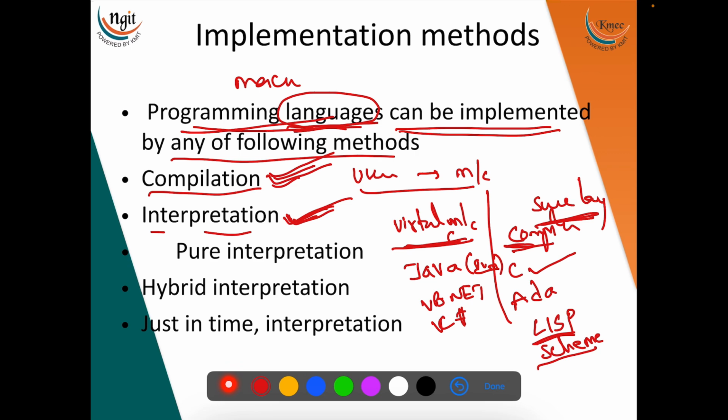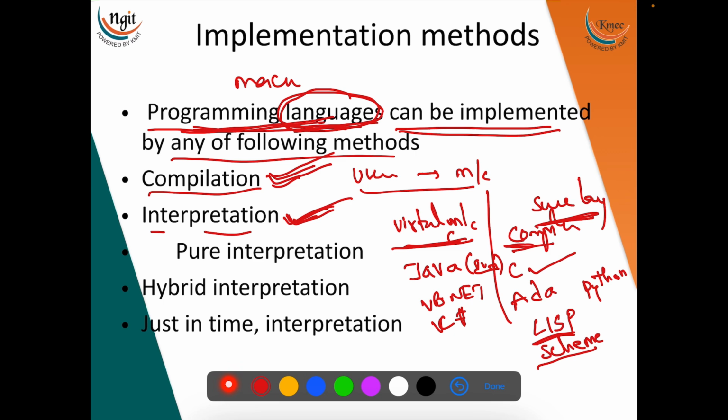And the most familiar language is Python. Python also uses the interpretation implementation method to execute instructions written in that language. So this is the general idea about implementation methods.